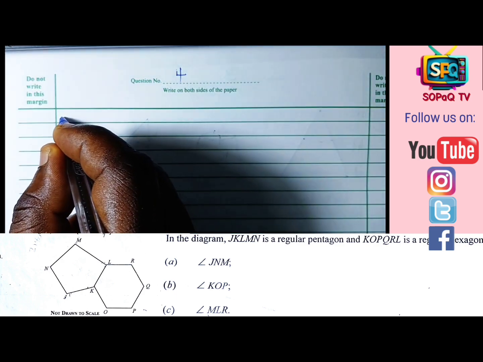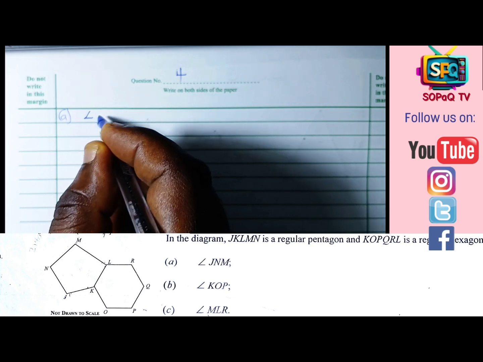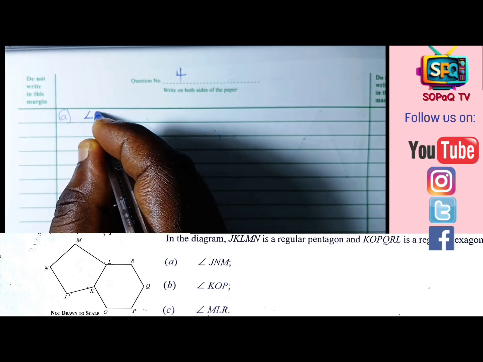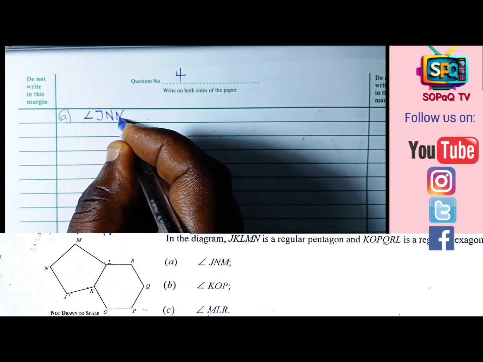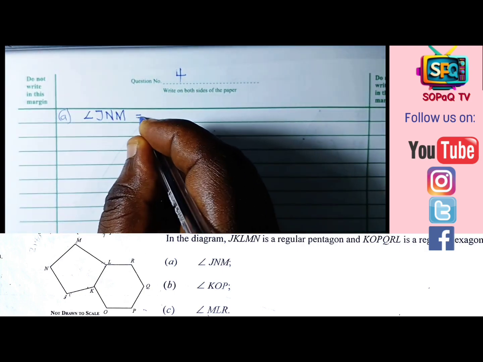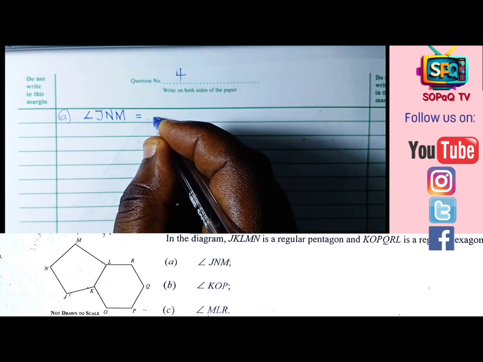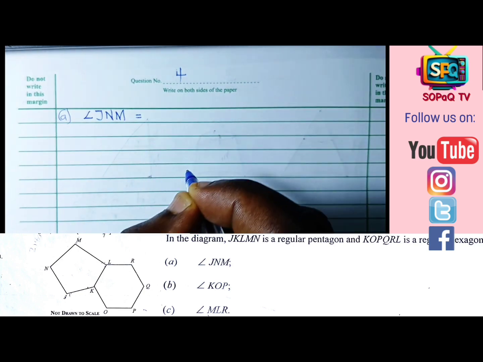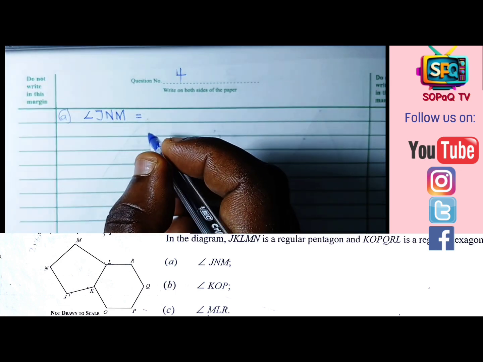So A, angle JNM. Angle JNM is an interior angle of the pentagon that is given in the diagram.